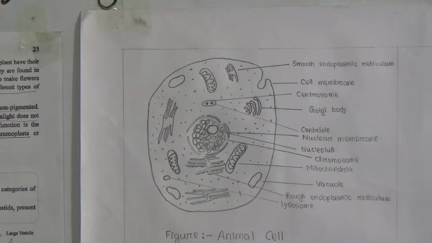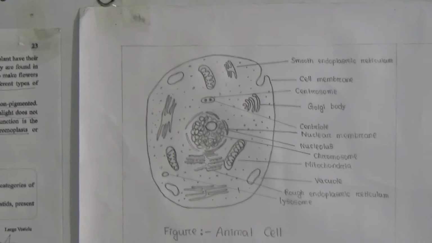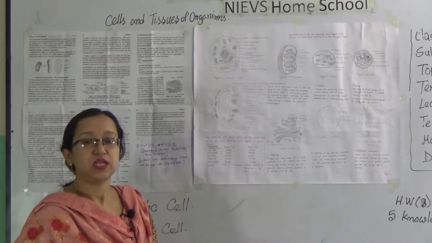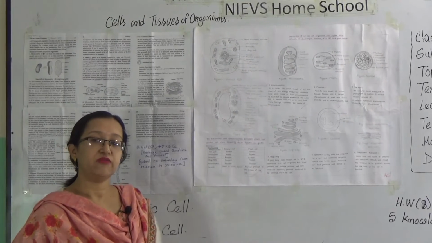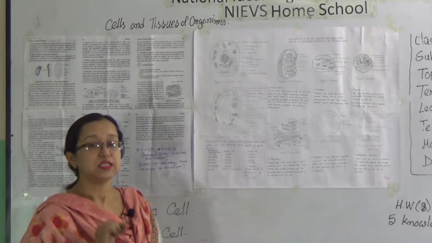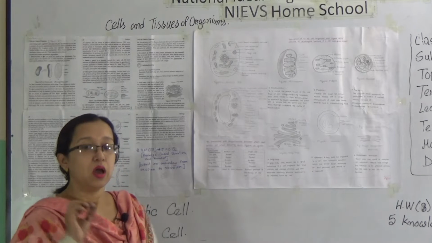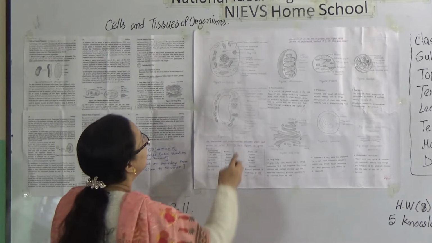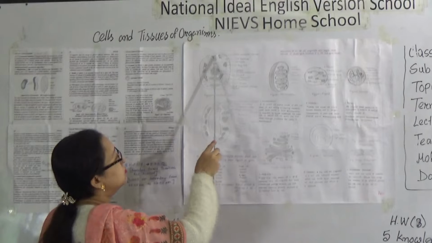We know that in the animal cell the nucleus is situated in the middle of the cell, and there is no vacuole in the animal cell. But if any vacuole is present in the animal cell, it is very small in size and very few in number, and there is only one layer, called the cell membrane.